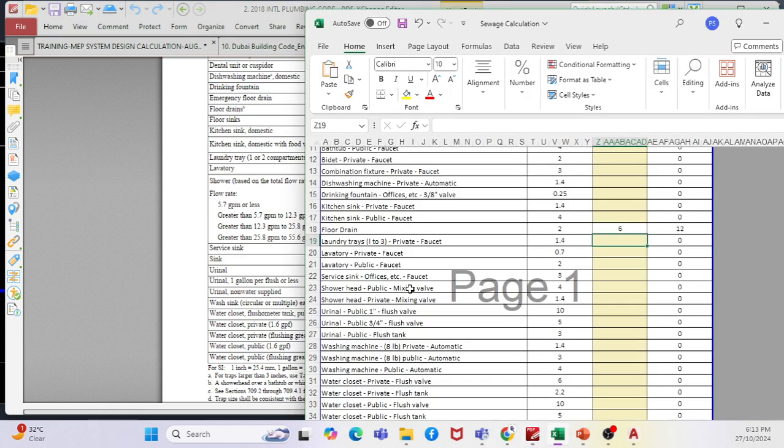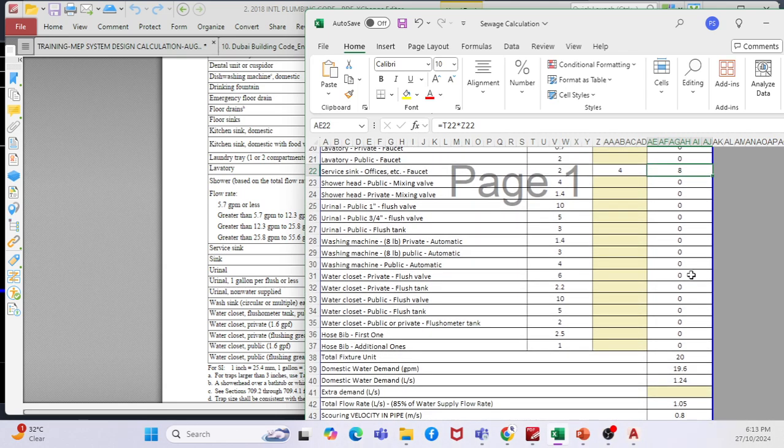Again, I have 4. As per this, it's only 2, so I can go with the 4 ablution areas. So I have a total of 8 DFU. If I add it together, it comes around 20 DFU as a practice.